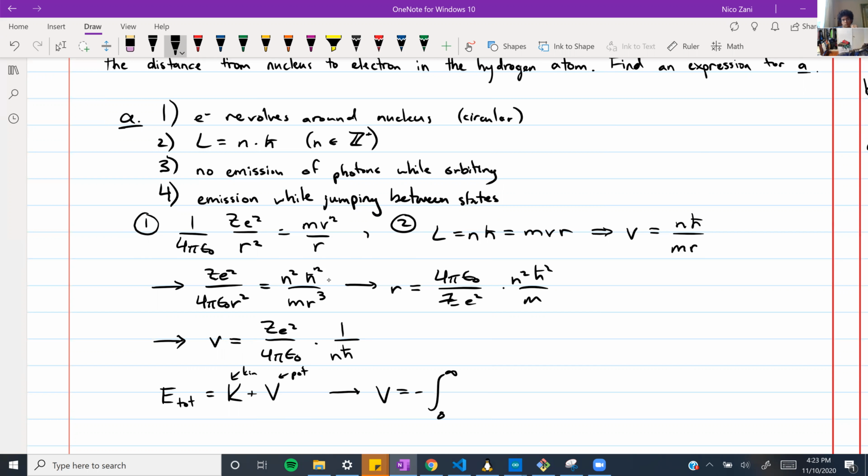So we know this is just the integral from r to infinity of what our force was, or technically our potential field, Z e squared over r squared, dr. And so this is just going to be equal to negative 1 over 4 pi epsilon naught Z e squared over r, right? That's our potential field. Pretty straightforward. But now the question is, what is our kinetic energy?